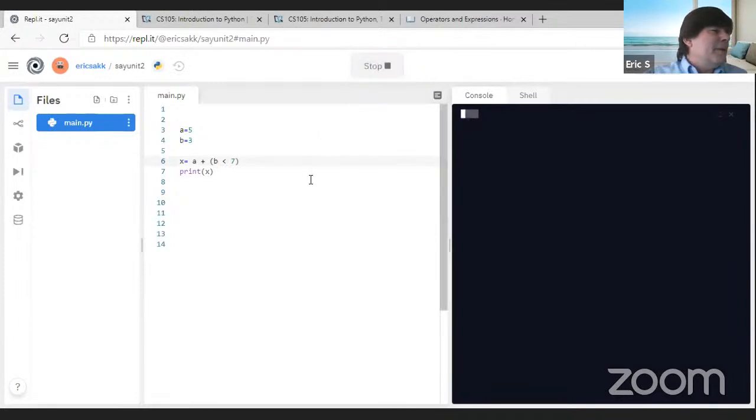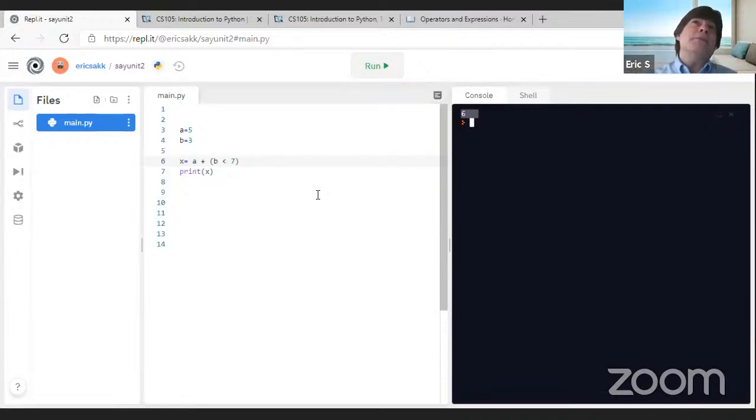So it's possible. This is just one other subtle point. I don't want to go too far off on a tangent. There may be cases where you actually one day want to do something like this, and it's possible. And Python is smart enough to figure out, oh, I've got a Boolean variable over here, and I've got an integer variable over here. What I'm going to do is upgrade the Boolean variable, B less than 7, to a number.